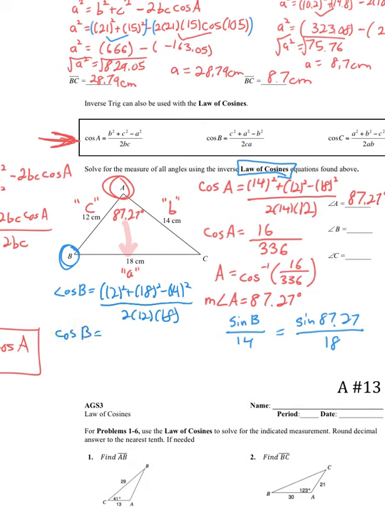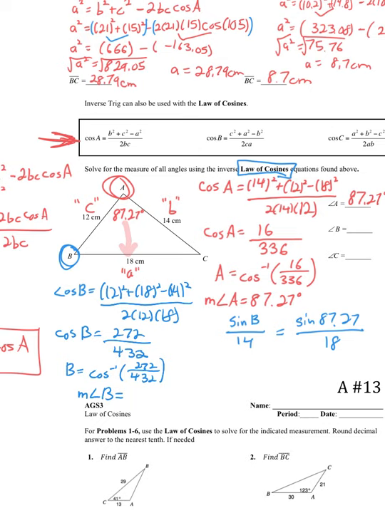And I still say it goes pretty fast. We just have to make sure we're putting it into our calculator correctly. So I get 272 over 432. And then I do the inverse cosine of both sides to find my measure of angle B.